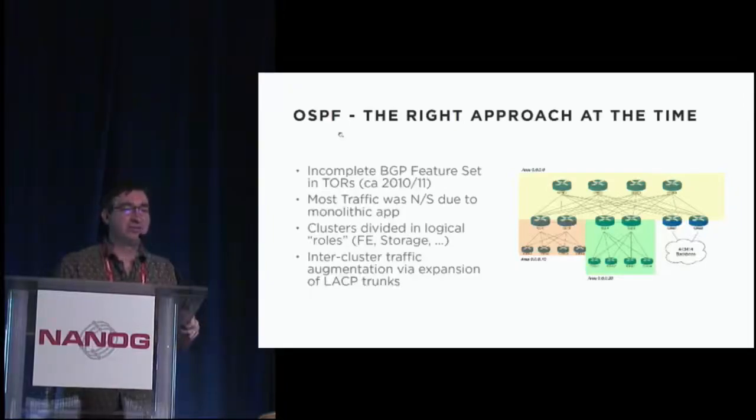We had a number of clusters where we separated the clusters by role: a cluster for front-end hosts, a cluster for storage, a cluster for real-time storage. And at the time, we were scaling more vertically than horizontally.